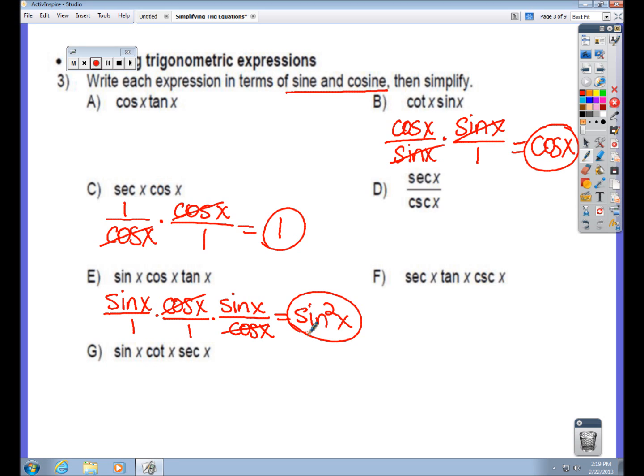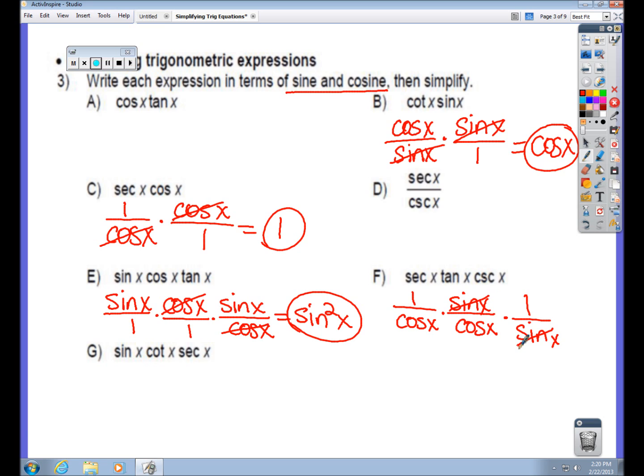Okay, and for letter F, let's change secant to 1 over cosine. Tangent is sine over cosine. Cosecant would be 1 over sine. Okay, so the sines will cancel out.